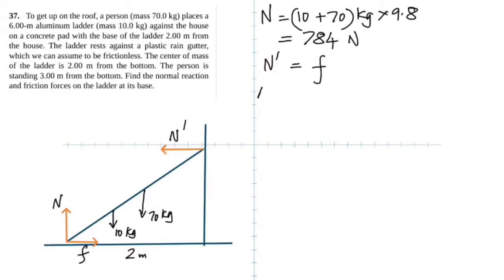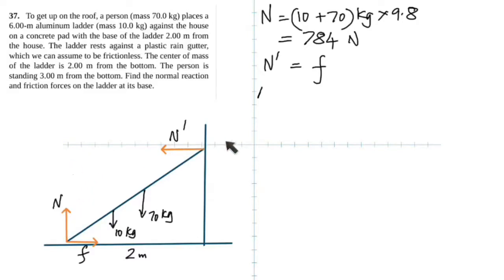And since both are unknown, in order to find them out, let's calculate the torques about this point, which means all distances have to be measured from here. And also these two forces have no torque there. So the torque due to this force here is going to be the force multiplied by the perpendicular distance, which is this. See that?